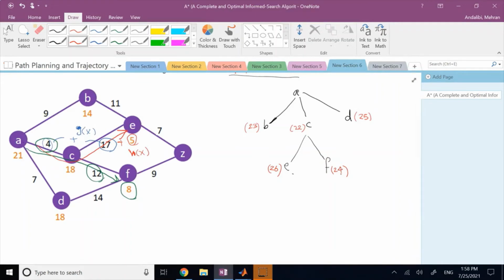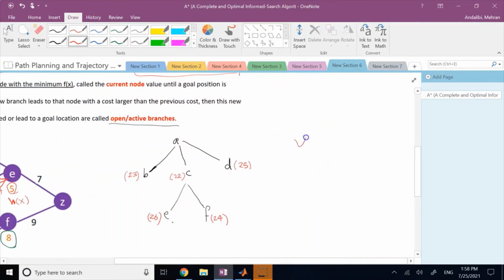Good. Now where do we go? Now we have to look at the F values of the end nodes. The end nodes are B, E, F, and D. These are my end nodes, right? By the way, I have gone through C already, so I passed C. C is already expanded and A is expanded.